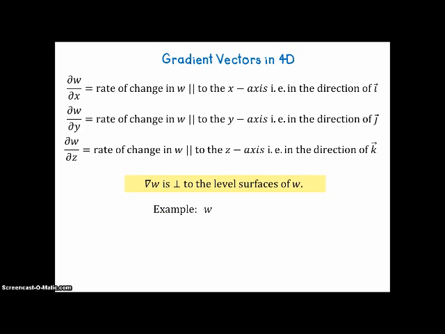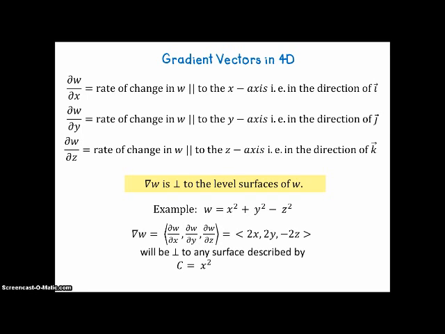For example, if we have this four-dimensional object which we cannot draw, it will, however, have a set of level surfaces. And so if we take its gradient, it will be perpendicular to any level surface. And a level surface is described by changing w to a constant. And there we have a surface in 3D.